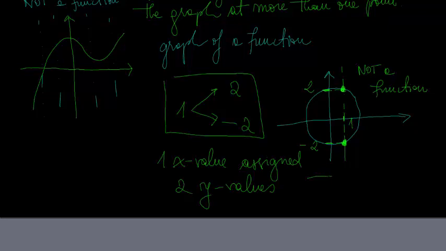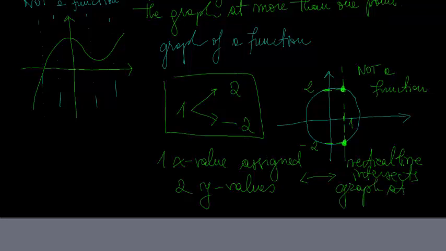So in essence, if I have my vertical line intersecting the graph at 2 points, like we have in this case, what happens here is that one x value, namely this one at 1, has been mapped to two y values, and that certainly contradicts the definition of a function.